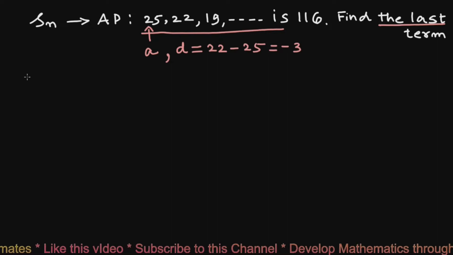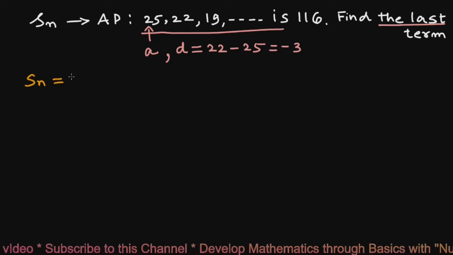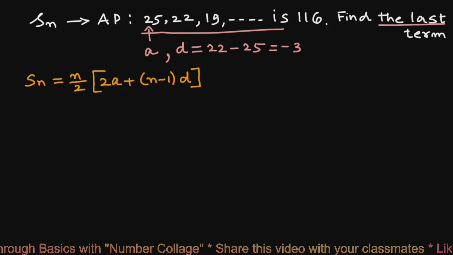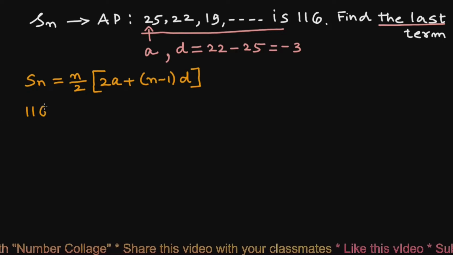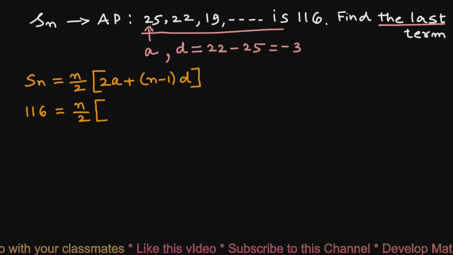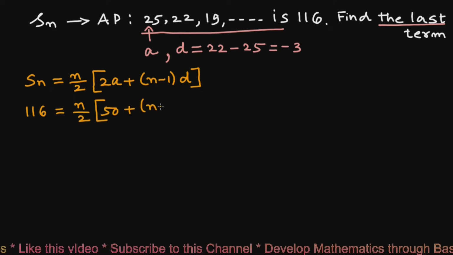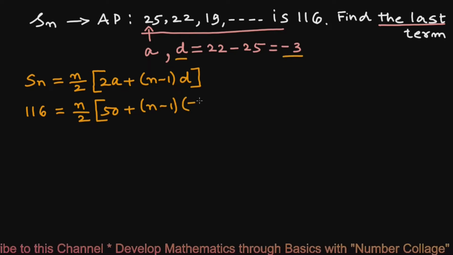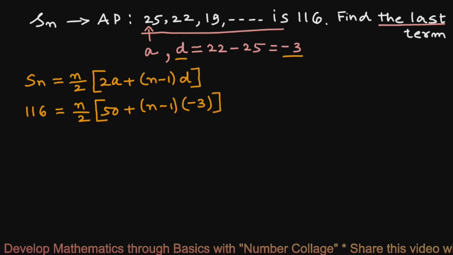We have sum of n terms Sn equals n by 2 into 2a plus n minus 1 into d. After putting the values, 116 equals n by 2 into 2a, which will be 2 multiplied by 25, 50, plus n minus 1 multiplied by d, which is minus 3. So from this we will get n.